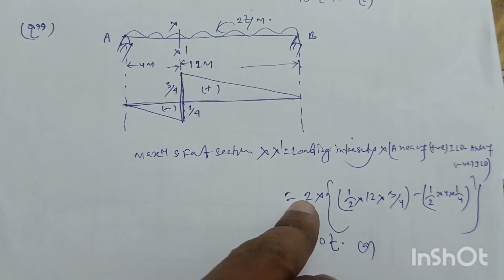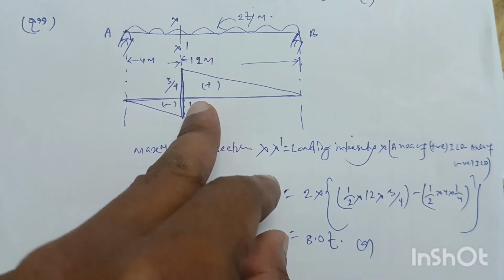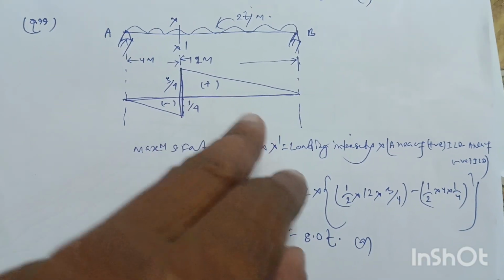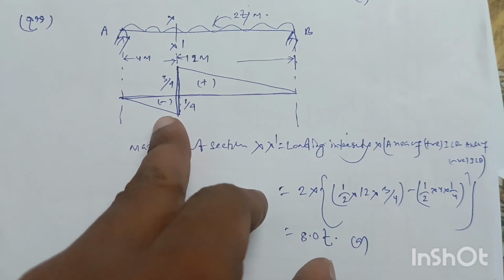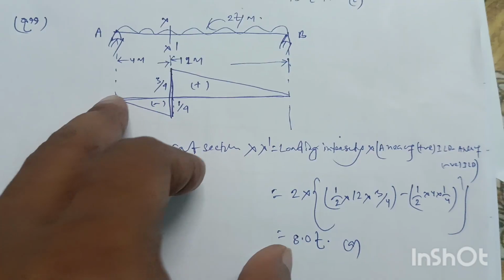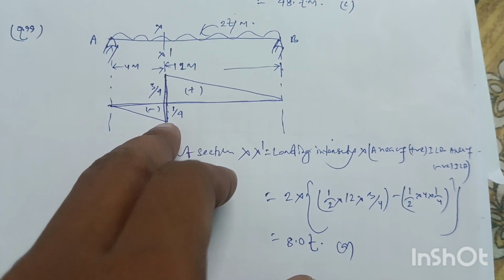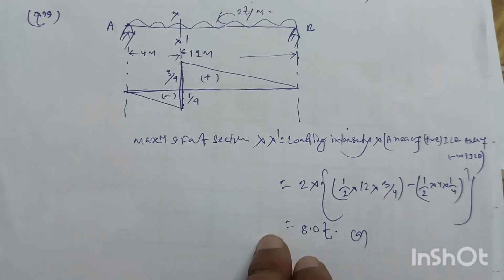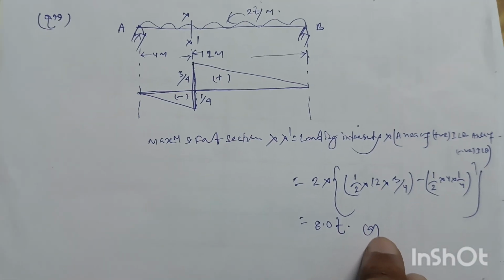So loading intensity is 2 ton per meter into the area of the positive triangle will be half into this base length 12 meter into this ordinate 3/4 minus this triangle area, that is half into this base length 4 meter into ordinate of this negative triangle is 1/4. Now if we calculate, we will get maximum shear force at this section X will be 8 ton. Option A is right answer.